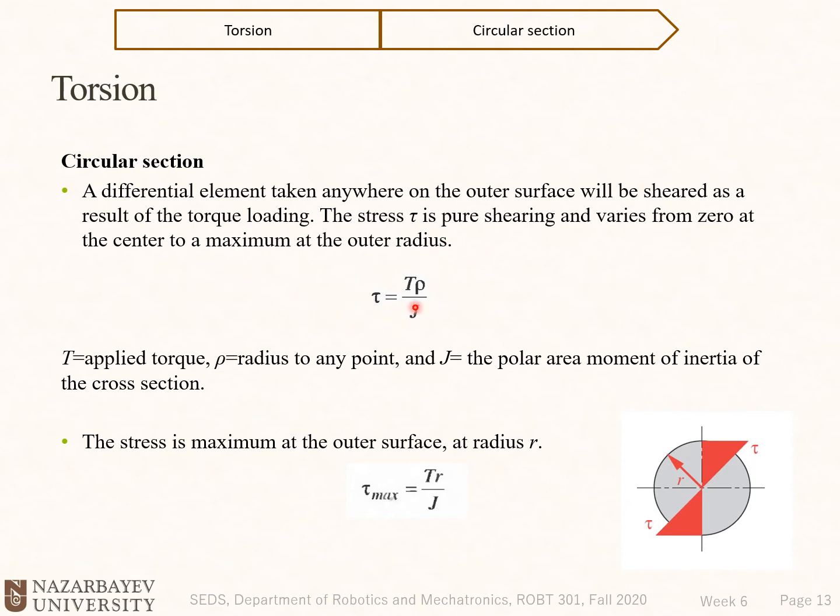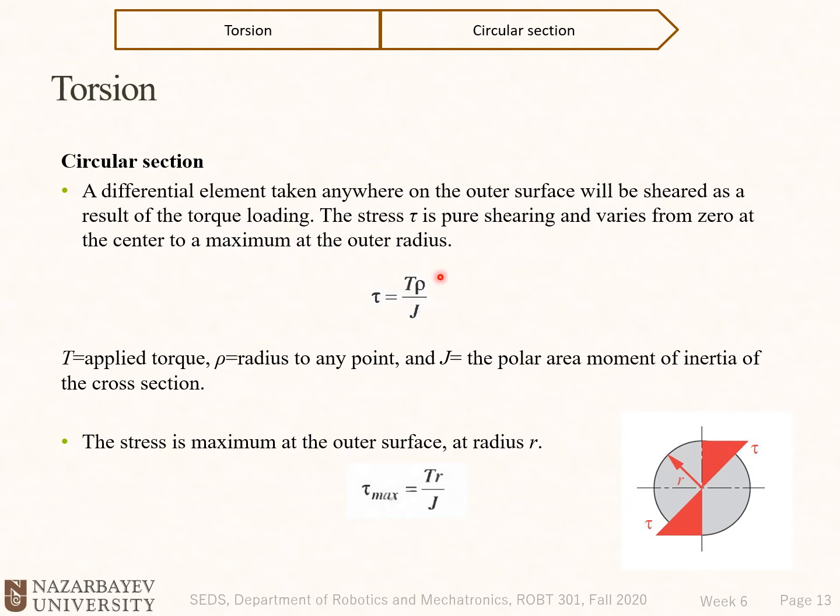So tau shear stress is equal to T rho divided by J. So T is constant at the particular cross section. Rho is basically the distance from the center. So here at the center, rho is 0 and it's equal to R at the outer fiber here. So the maximum of rho is equal to R.